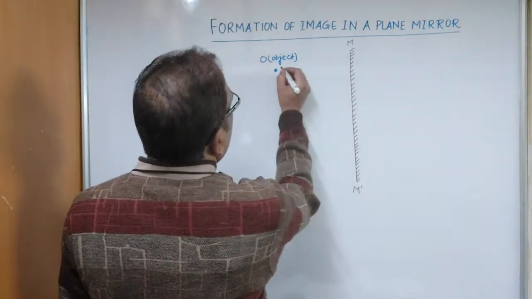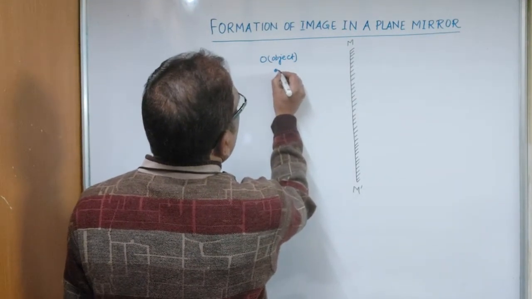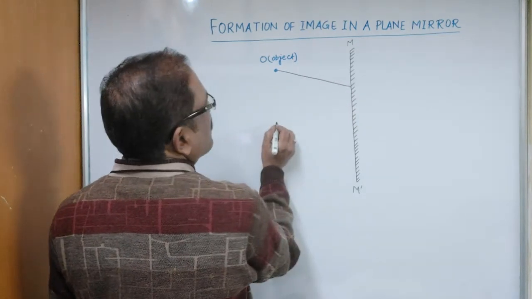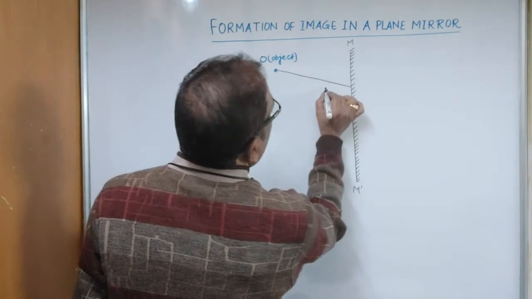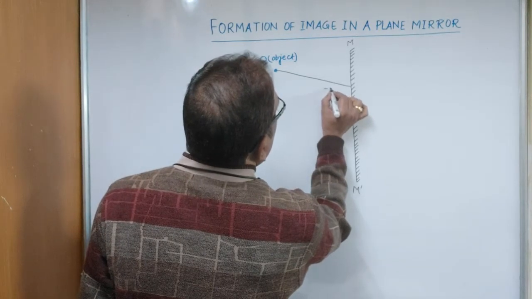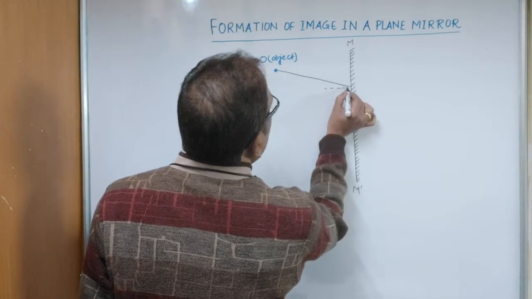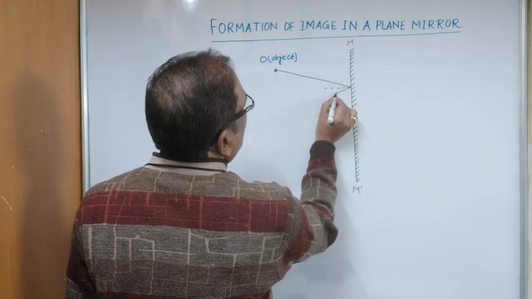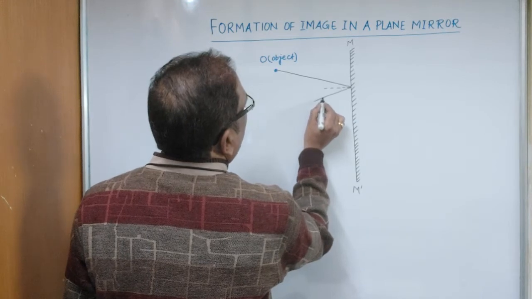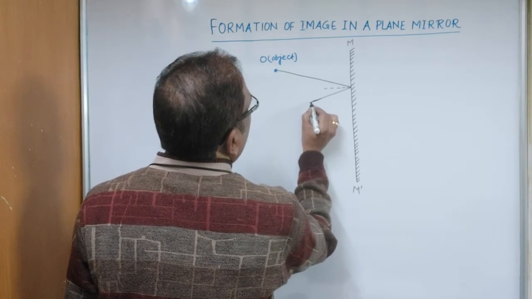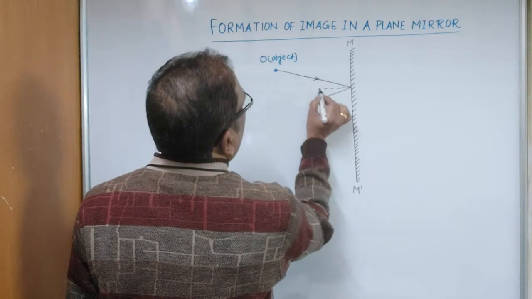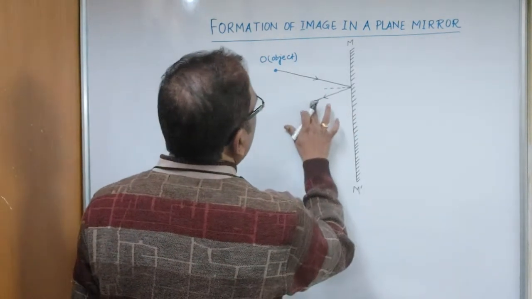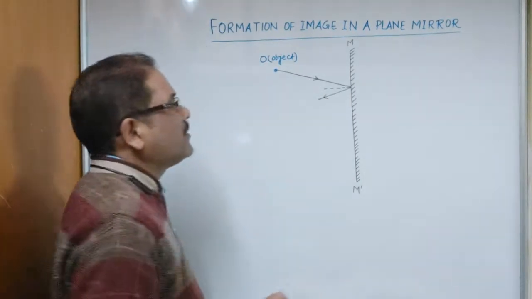So suppose take a ray of light from the object. This is one ray. You have to draw a normal at the point of incidence, and this ray will reflect back after striking the mirror surface, and you must put an arrow in your diagram. Suppose these are the rays which reflect back.